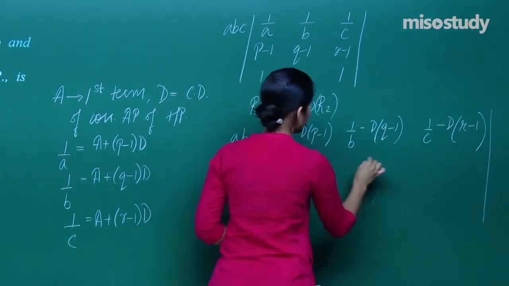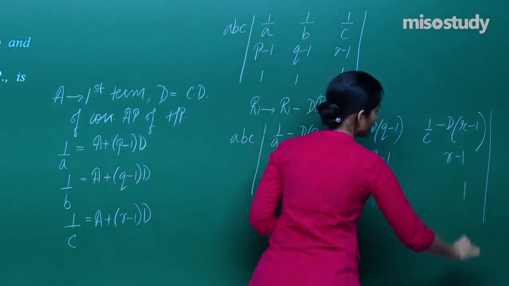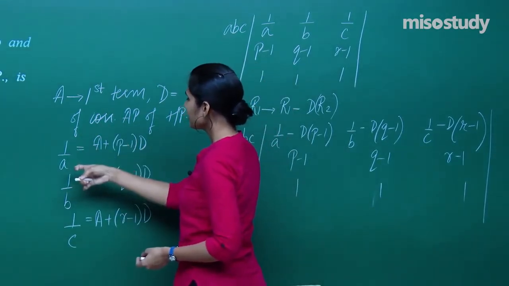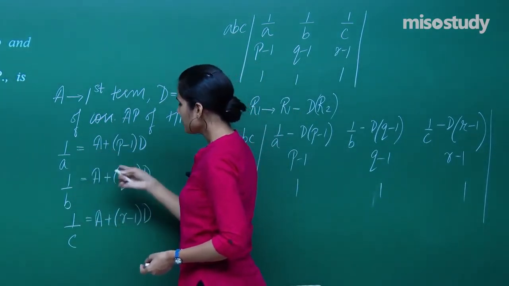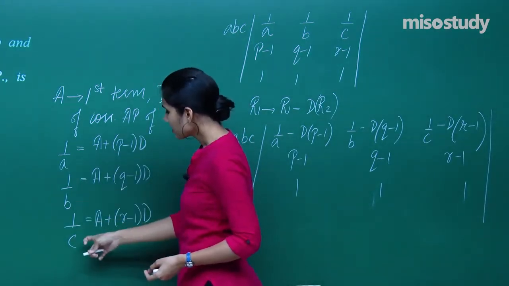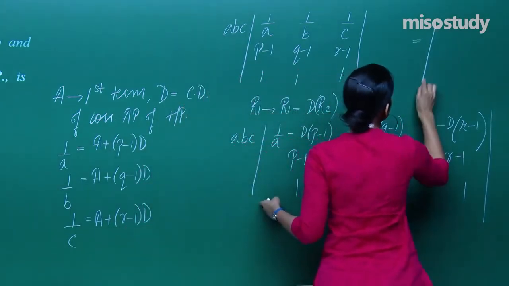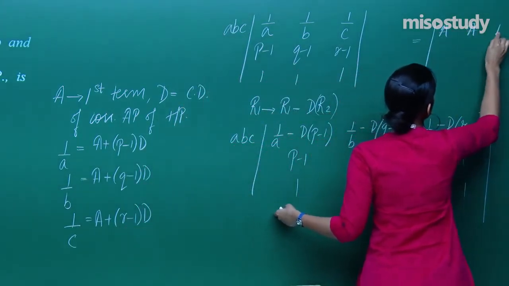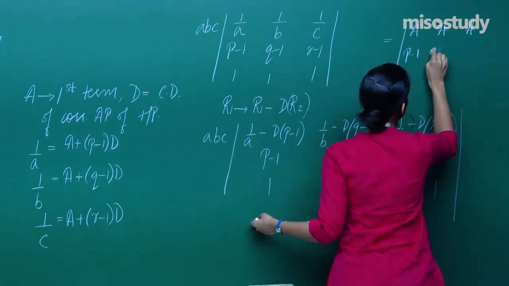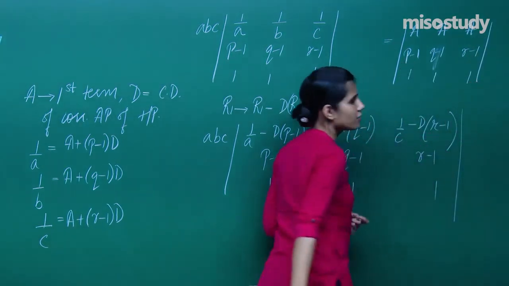What is this? 1 by A minus p minus 1 into d is capital A, 1 by B minus q minus 1 into d is again capital A, and 1 by C minus r minus 1 into d is again capital A. So your first row is completely replaced by capital A, capital A, capital A.